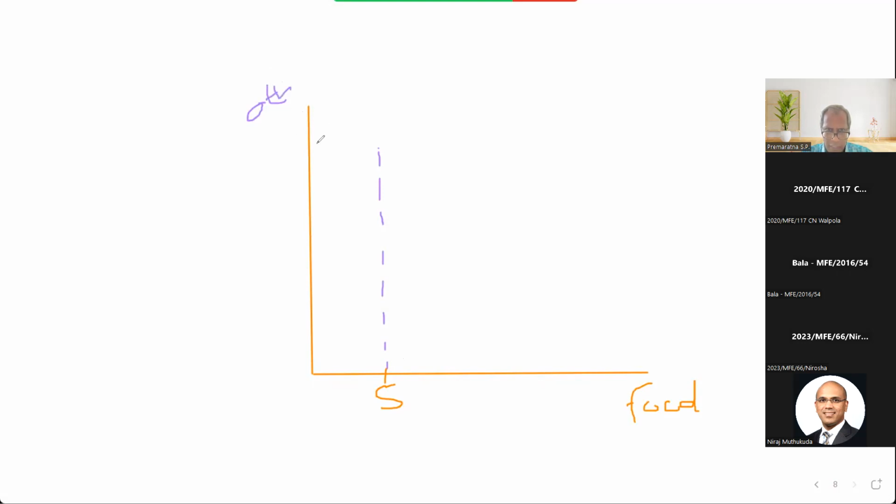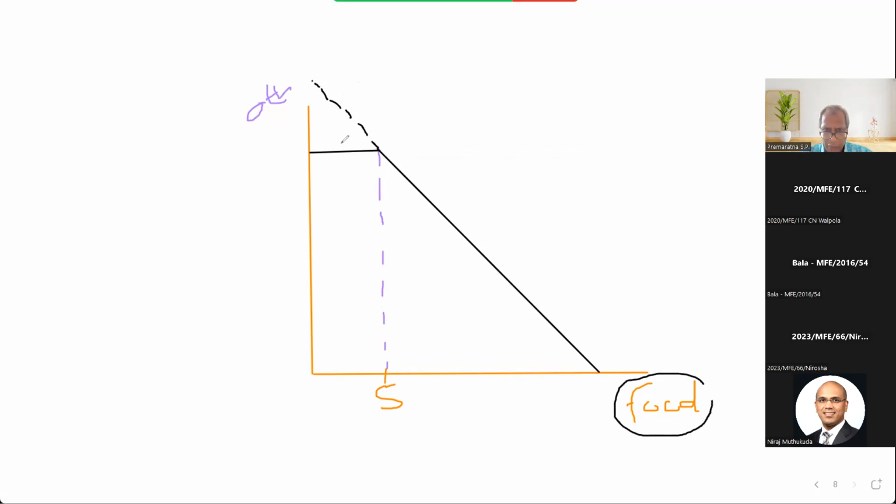The budget line up to this point comes like that. After that, the normal budget line applies. Without a coupon, if you give a cash subsidy, it may be used for any purpose, the budget line shifts as it is. If you give the coupon, only this happens, because that coupon you can't use for any other purpose. Only for food.